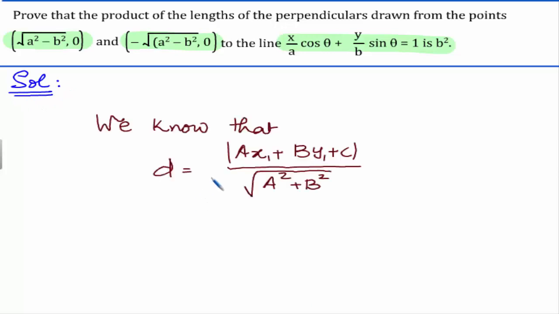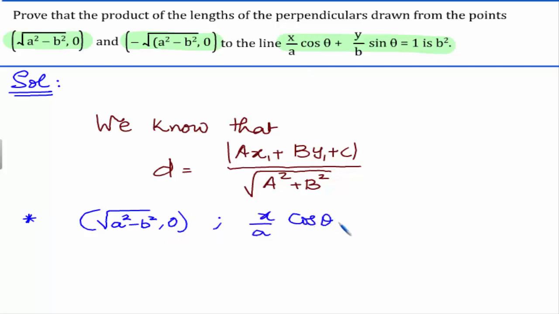Now we know that the distance between a point and a line is given by the following formula. Let us find out the distance between the first point, (square root of a square minus b square, 0), from the line x by a cos theta plus y by b sin theta is equal to 1.